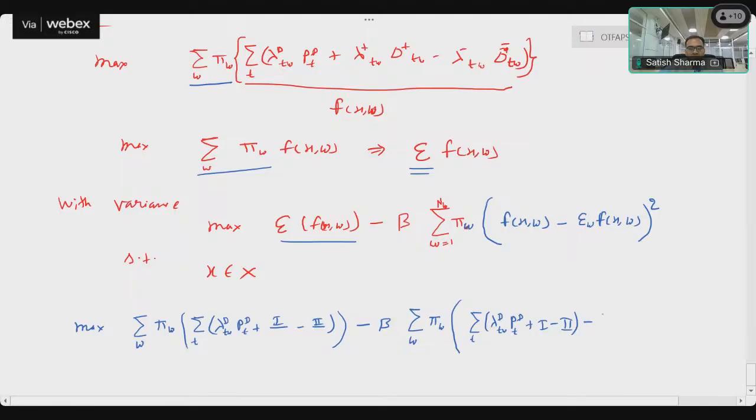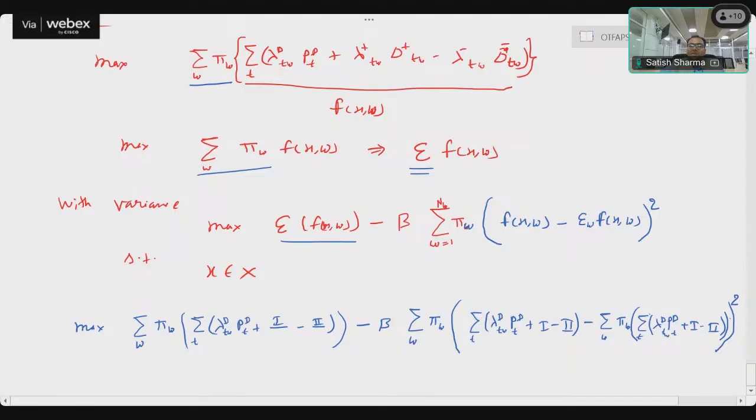So this is nothing but the summation over w pi w, and then summation over t and lambda d t w p d t plus first term minus second term. Okay, so this is over time, then over this, and then the entire term whole square.